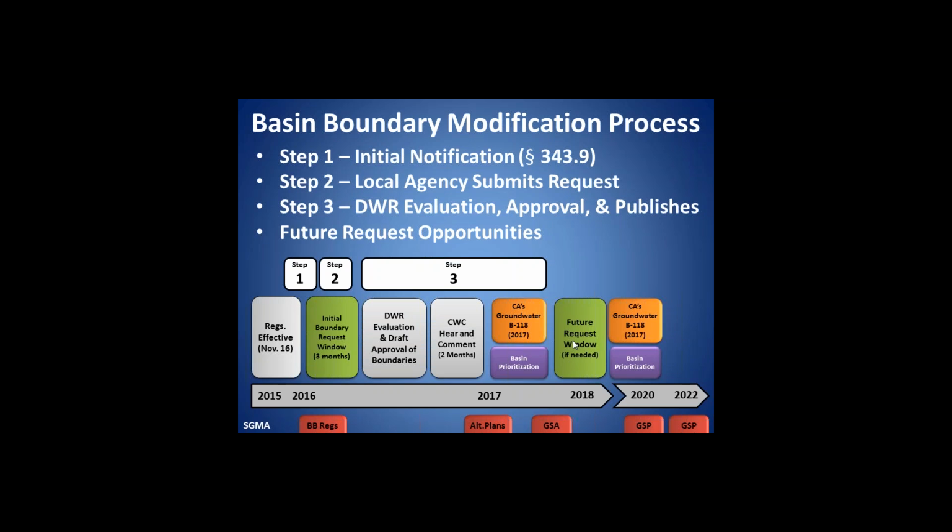But that decision will be made based upon the need across the state. However, I do want to signal that there are going to be continued opportunities to revise basin boundaries. And those opportunities will be tied to updates to Bulletin 118, which are legislatively directed to occur on years that end in 0 and 5. So an update in 2020, an update in 2025, and so forth and so on.